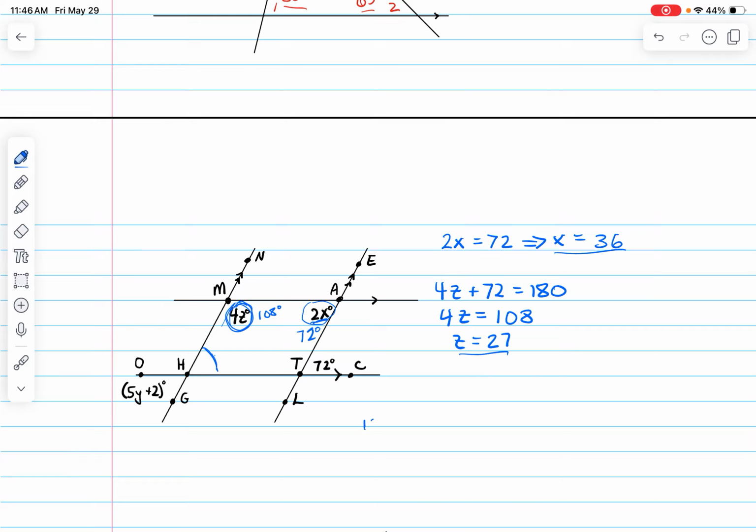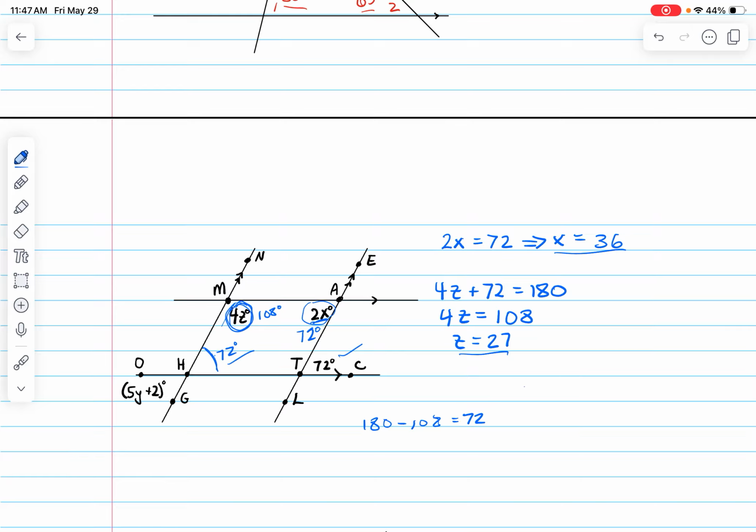Okay, so if we take 180 minus 108, we get 72. And we could have figured that a different way, but we get 72. So this right here is 72. And notice I could have got that by just realizing that these are corresponding angles. This one and this one are corresponding angles.